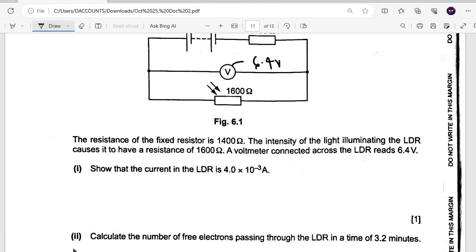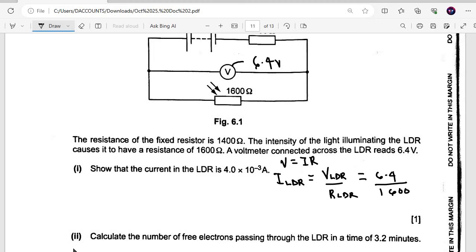From Ohm's law, V equals IR. So the current in the LDR will be the voltage across the LDR over the resistance of the LDR. The voltage across the LDR is 6.4, and the resistance of the LDR is 1600.